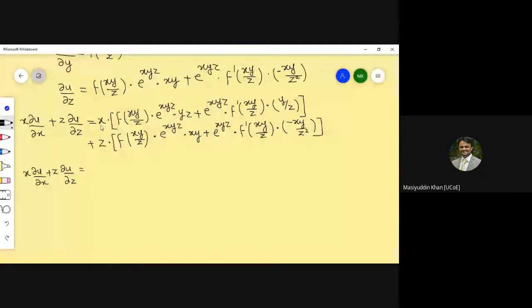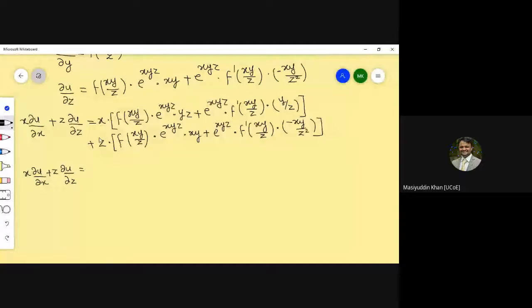So according to the same concept, you can take f of xy by z, e raised to xyz. So 2 into, because बीच में मिडल में प्लस साइन है, 2 into e raised to xyz into xyz into f of xy by z. ये तो हम लोग को इतना पार्ट मिल गया.